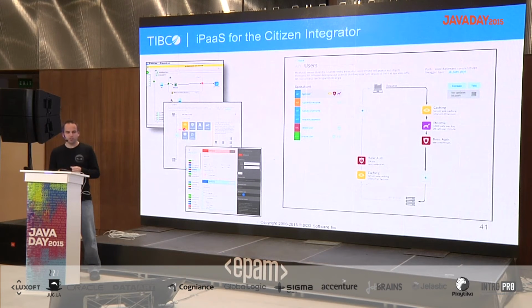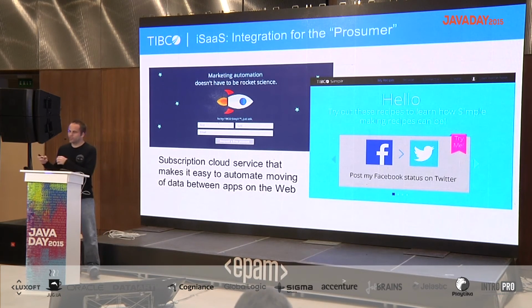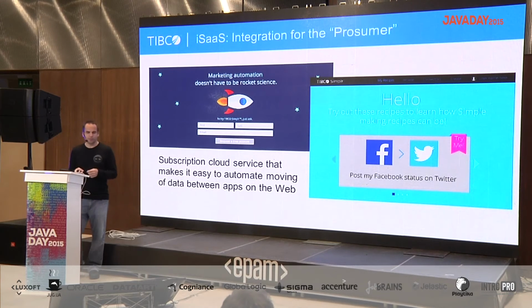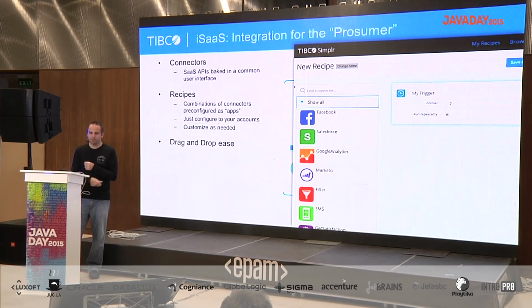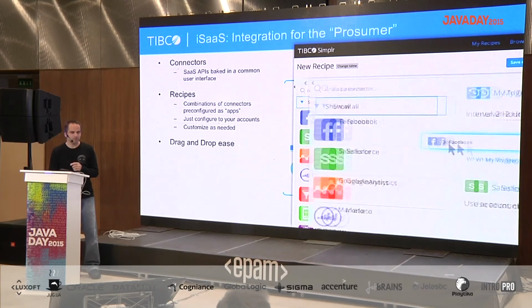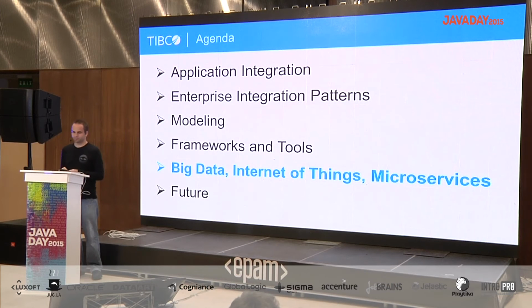You use just your web browser, and therefore it's not as powerful as the ESB, but it's also easier to use. And then we have the integration for the prosumer, the professional consumer, which is really a business user who just wants to connect something like LinkedIn or Facebook or Salesforce. Really not very powerful, but it's okay for some simple things which you want to do in your department, right? And you don't need IT involved in that.